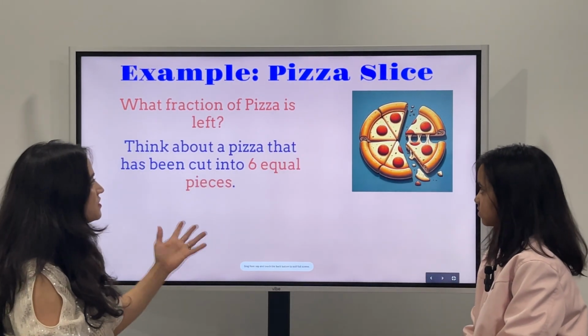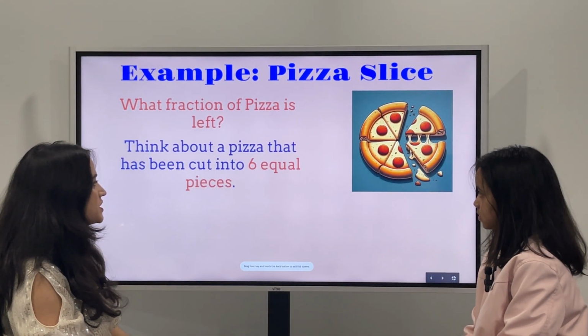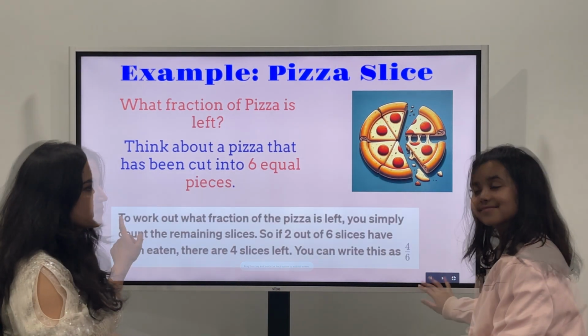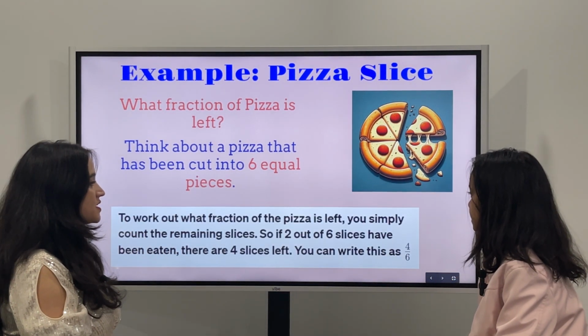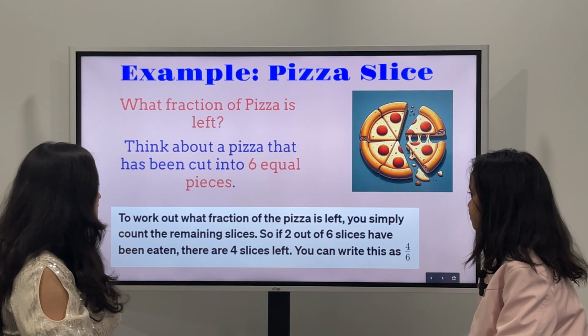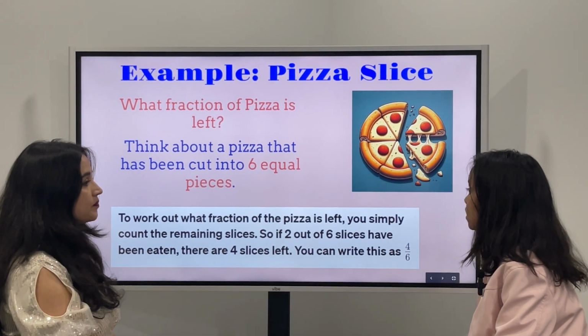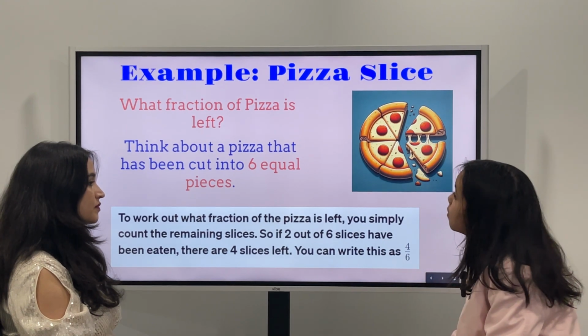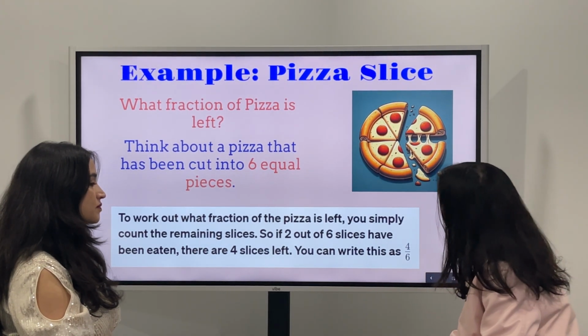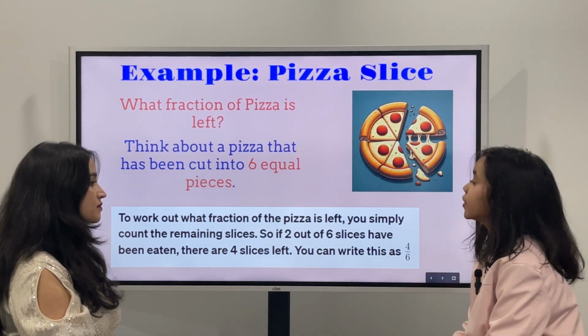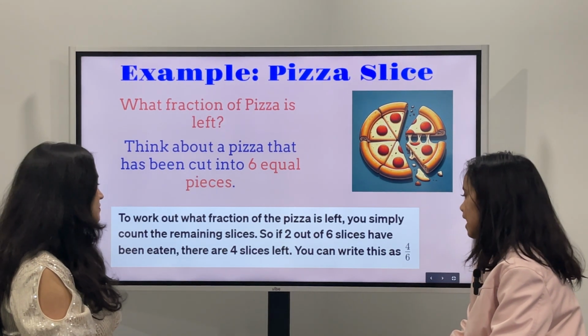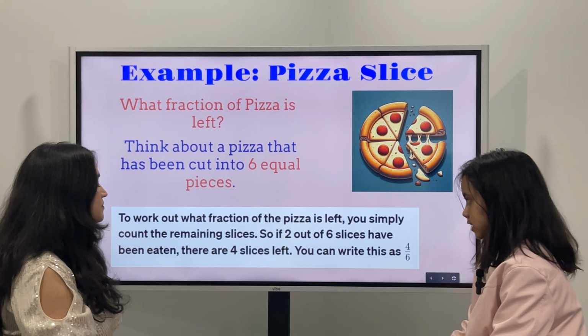So think about a pizza that has been cut into 6 equal pieces, and to work out what fraction of the pizza is left, you simply count the remaining slices. Okay, can you read, Lina? To work out what fraction of the pizza is left, you simply count the remaining slices.